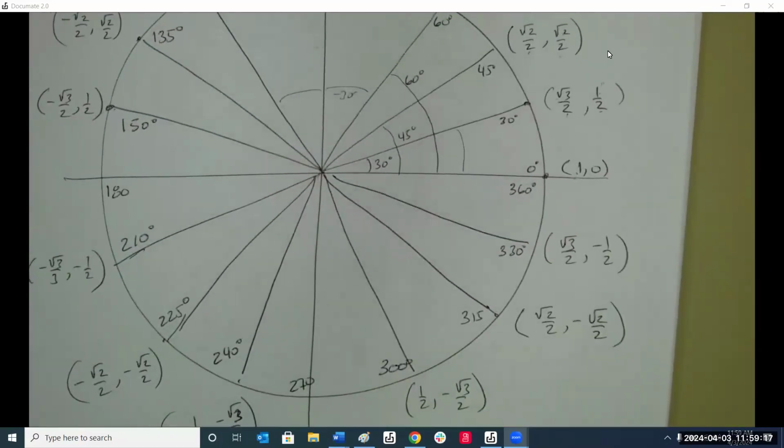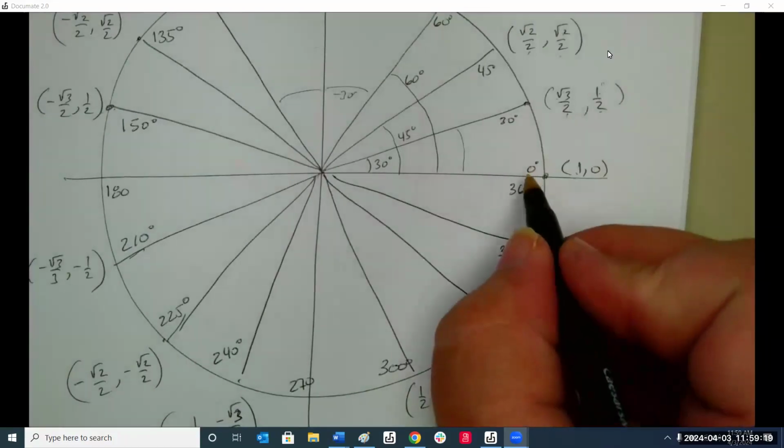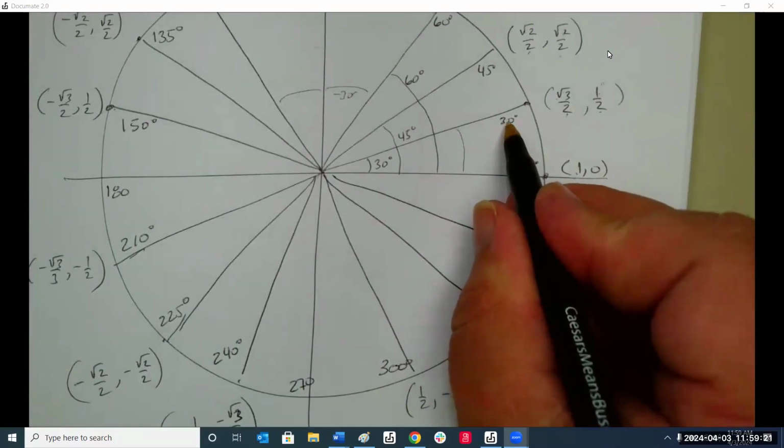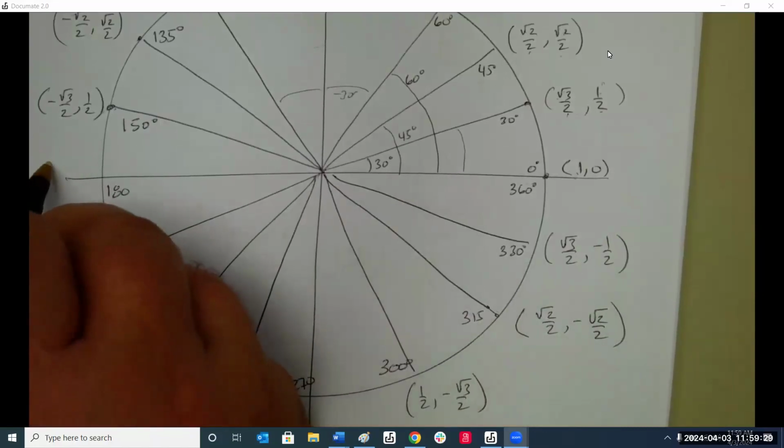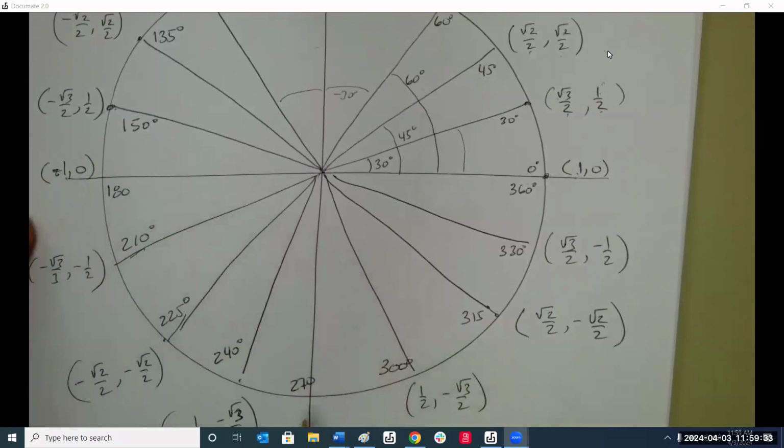Let's look at this in reference to pi. 30 degrees is what with respect to pi? This one is -1, 0. This is 0, -1.